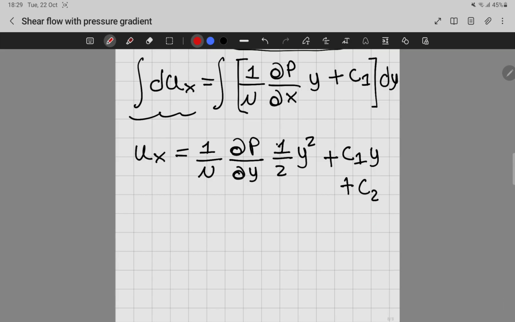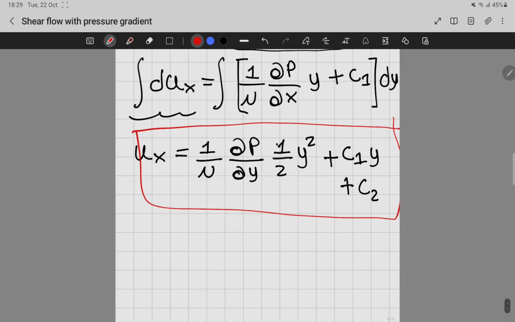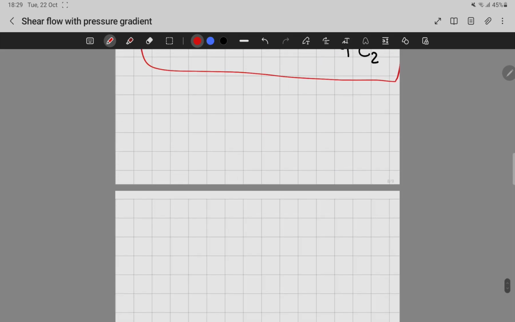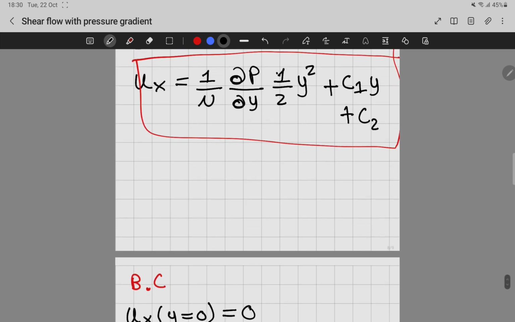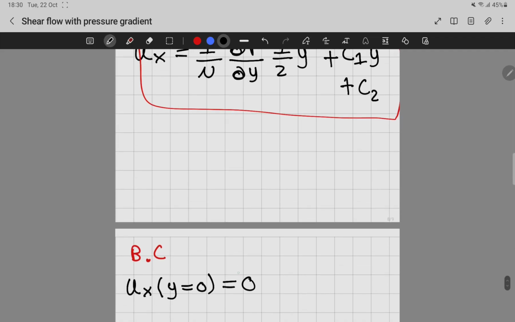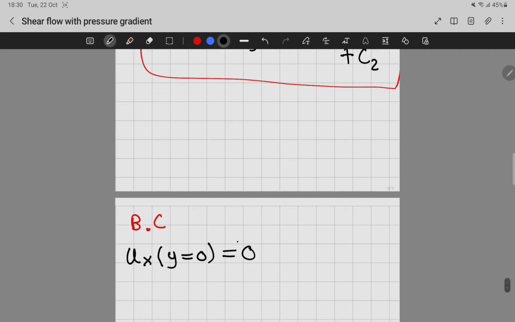So we have found our velocity profile. Now we need to apply the boundary conditions to find those values of C1 and C2. So you remember that the value of velocity at the bottom plate, so that means when y is equal to 0, the velocity is going to be equal to 0. So we apply this boundary condition into this equation.